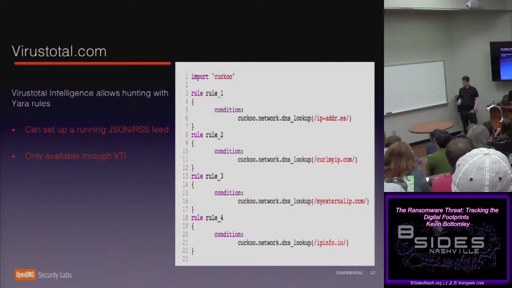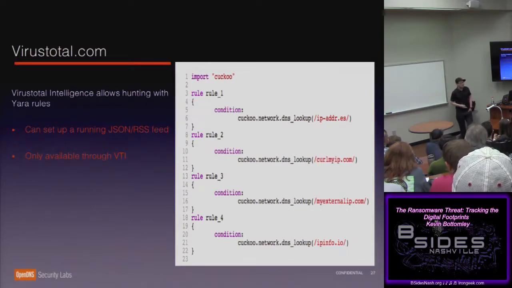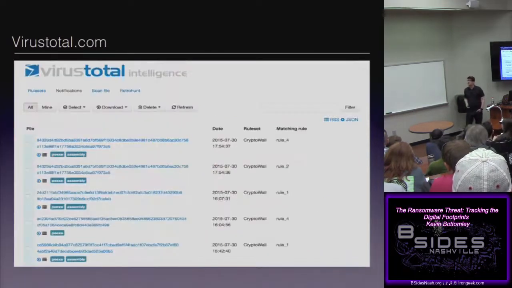I don't know why they changed, different actor group or whatever. But the cool thing is you can set up a running JSON or RSS feed about it, so you can get notifications when all these come in right away. But then again, you also have to pay for VirusTotal Intelligence, and it's not inexpensive. So it's not always a cost-effective means for smaller companies.